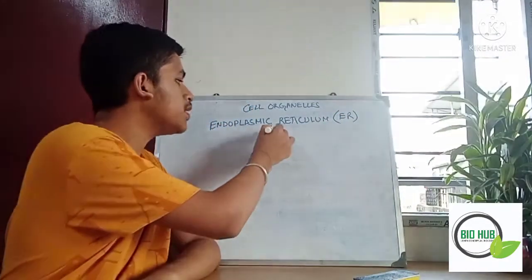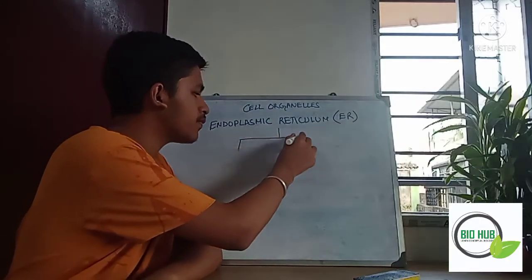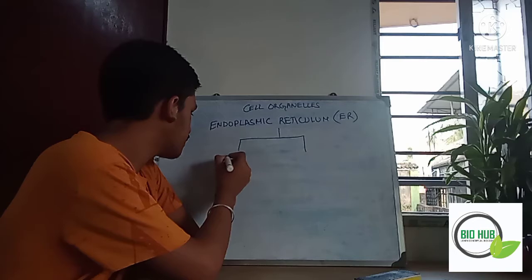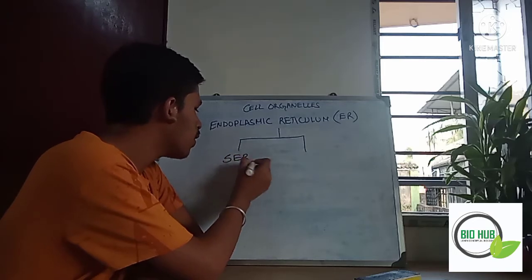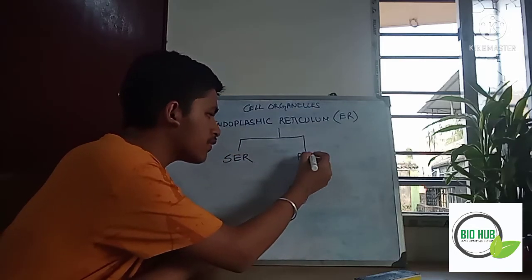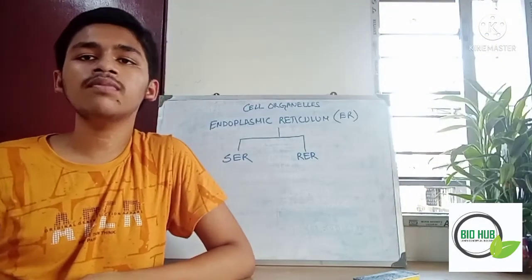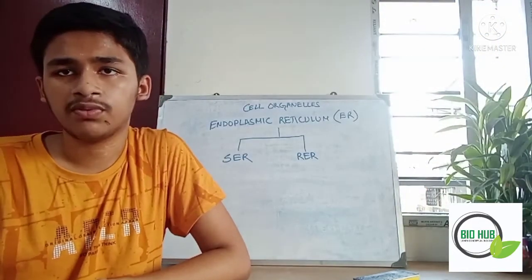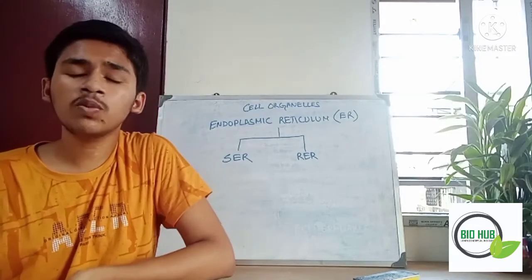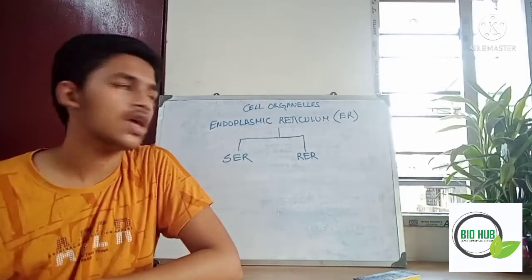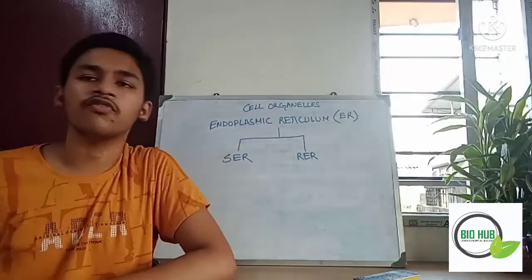Now, ER can be of two types: SER or RER, that is the smooth endoplasmic reticulum or the rough endoplasmic reticulum. Why is one called smooth and the other rough?